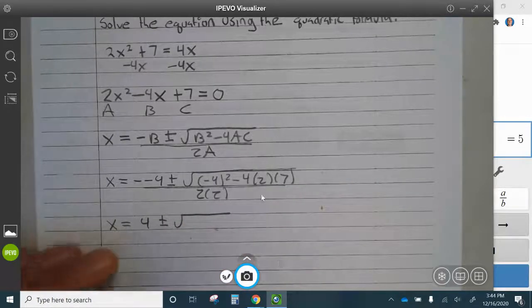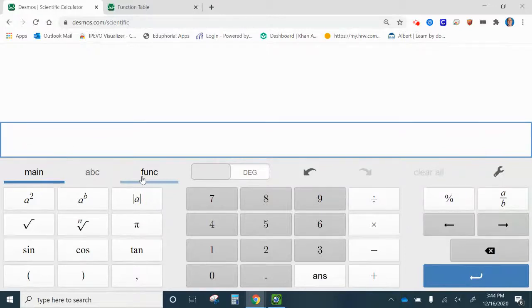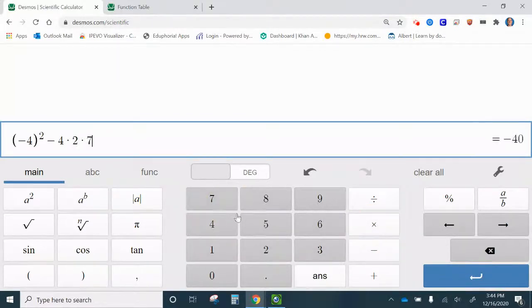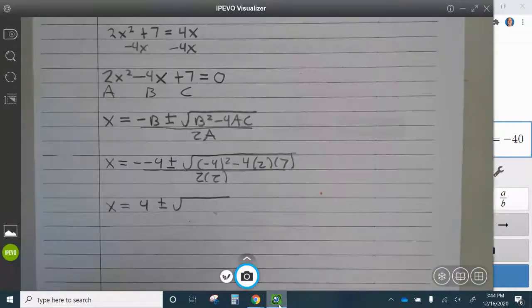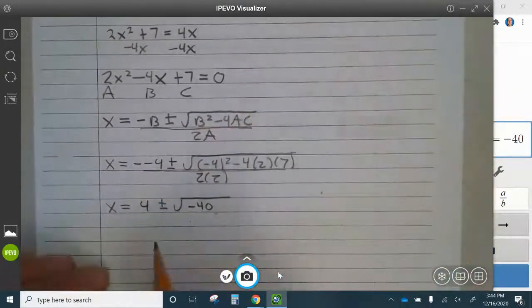Let's go ahead and put that in Desmos. So parentheses negative 4 squared minus 4 times 2 times 7, which is negative 40, divided by 4.